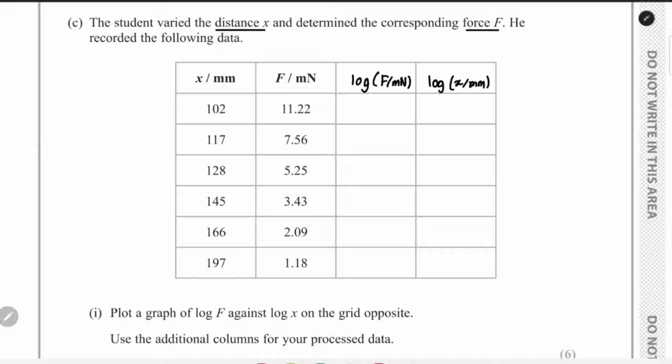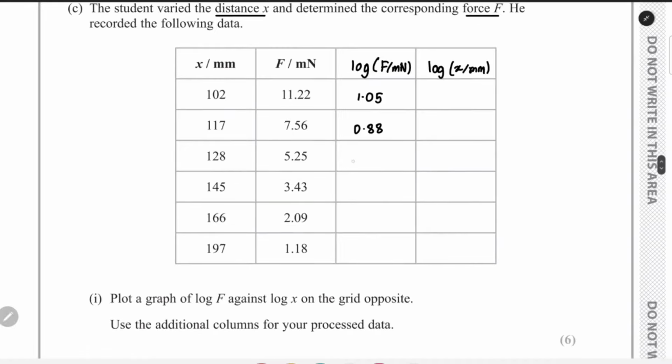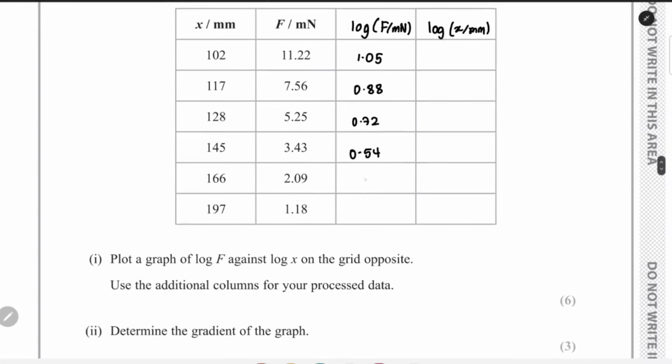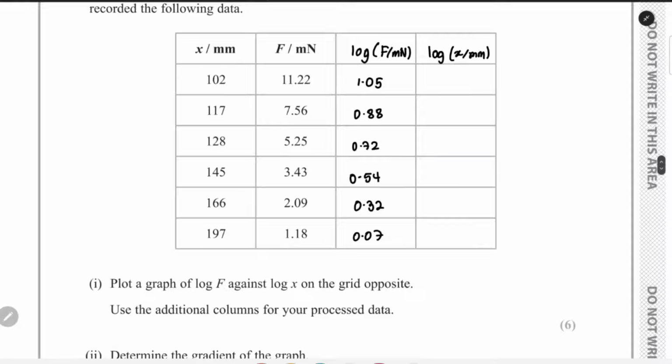So if we calculate the value of log 11.22, we get 1.05. For this we get 0.88, 0.72, 0.54, 0.32 and 0.07.